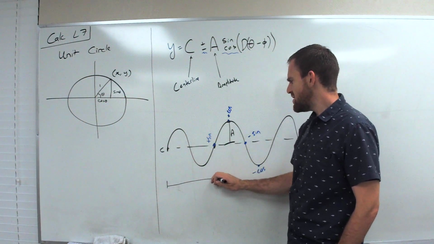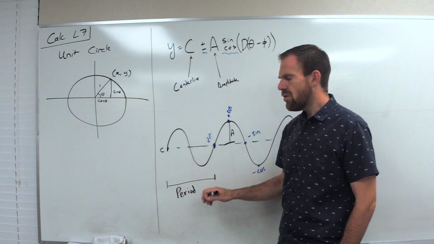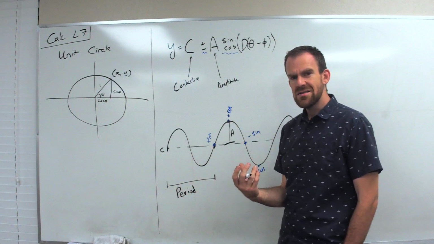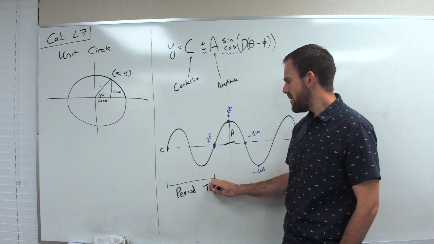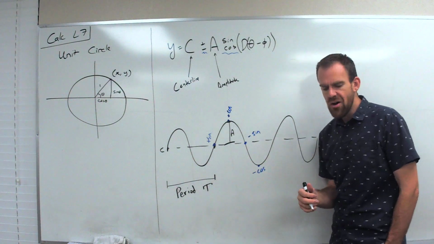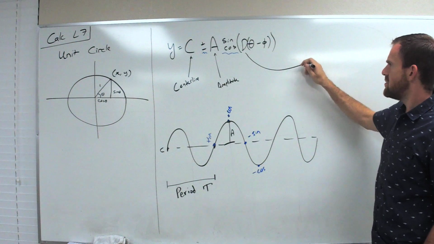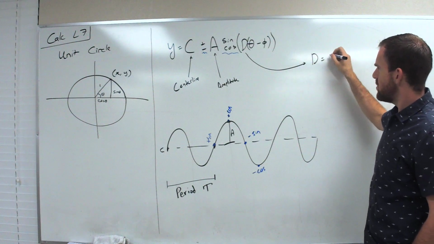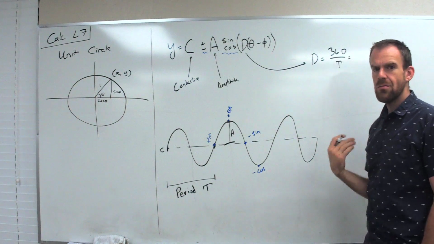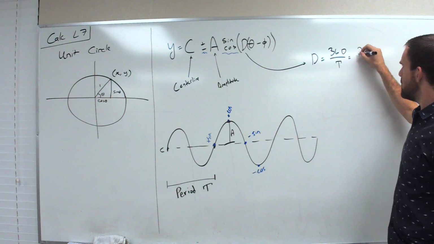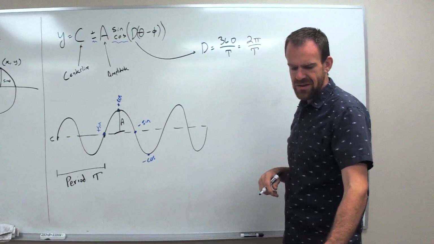If I take this distance, this is called the period, or the time it takes to repeat. We call the period this Greek letter tau, and d is simply 360 over tau, or if we're in radians, it would be 2 pi over tau. So that can be used.